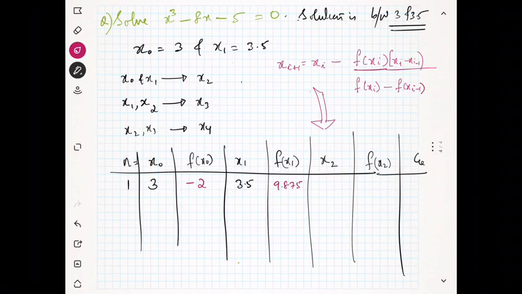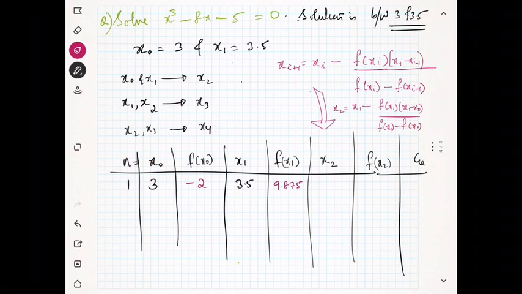Okay, now how to get x2, because you know x0, you have x1, so how to find x2? So x2 is nothing but x2 is equal to x1 minus f of x1 into x1 minus x0 divided by f of x1 minus f of x0.